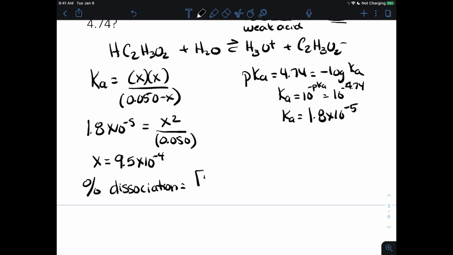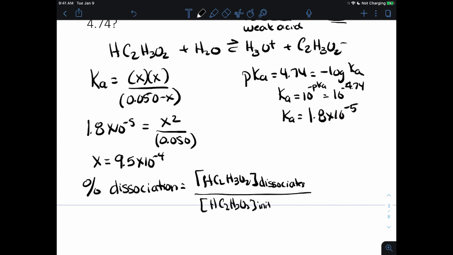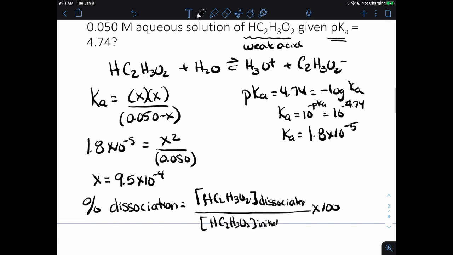So I want to know how much acetic acid dissociates over how much acetic acid we had at the start, times 100. All right, to figure out how much acid dissociates, that's how much product we made.